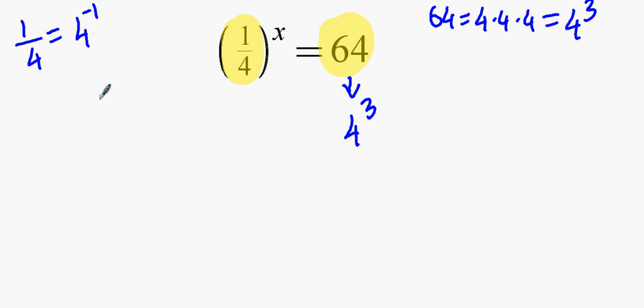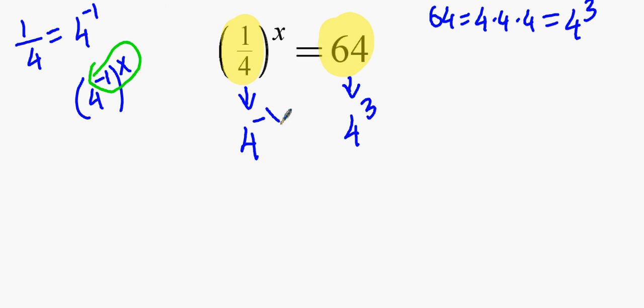And then we have 4 to the -1 all to the x. So if we use properties of exponents, we need to multiply these two. So 1/4 to the power of x actually becomes 4 to the power of -x.